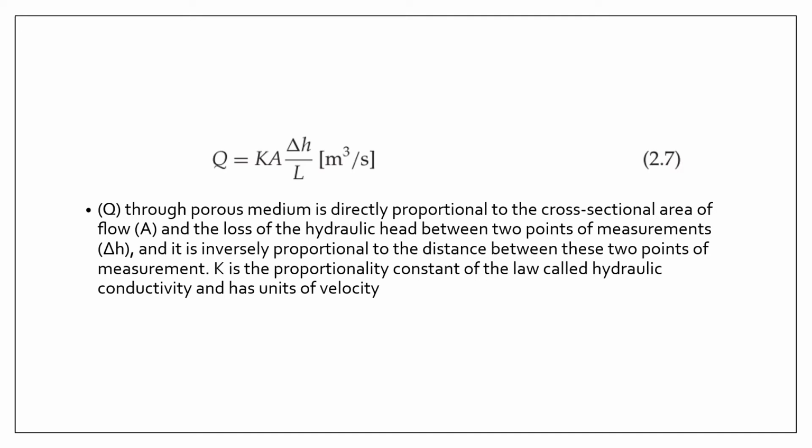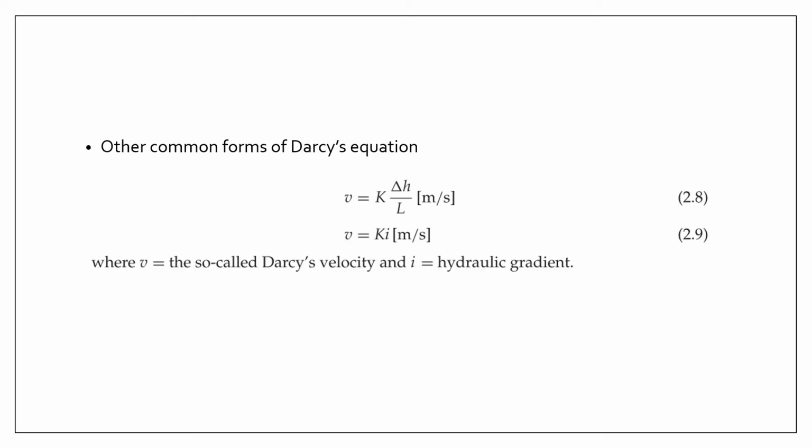You can also get the velocity of groundwater flow by dividing this quantity by area A. So you can just take hydraulic conductivity K multiplied by the hydraulic gradient, and you will get the groundwater velocity. These are the other forms of Darcy's law, or Darcy's equation.